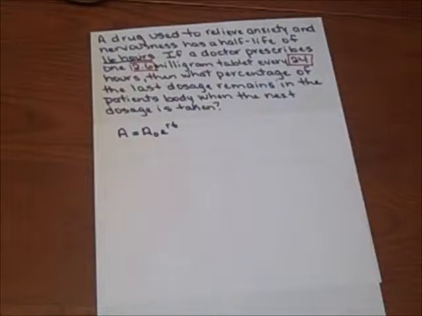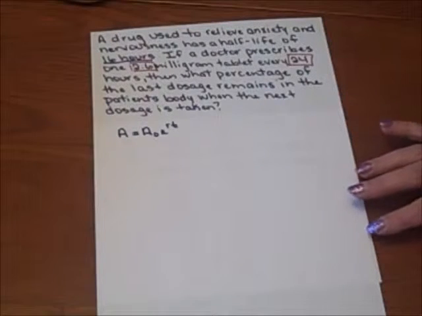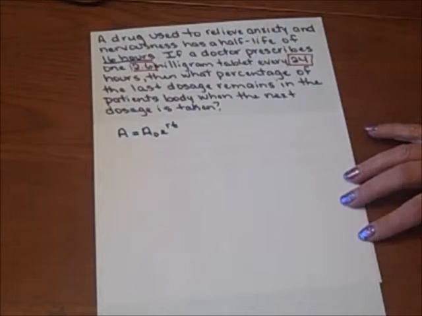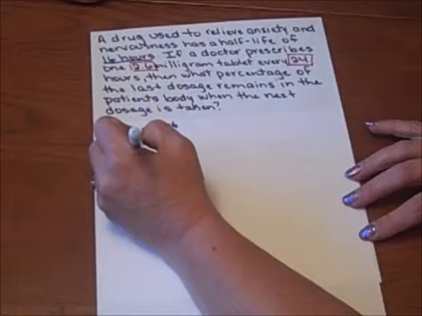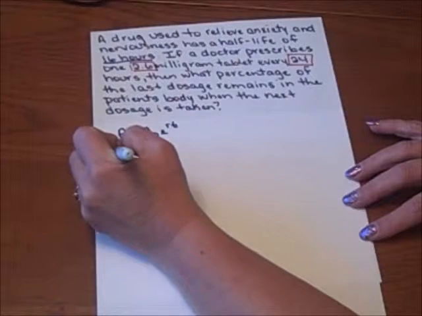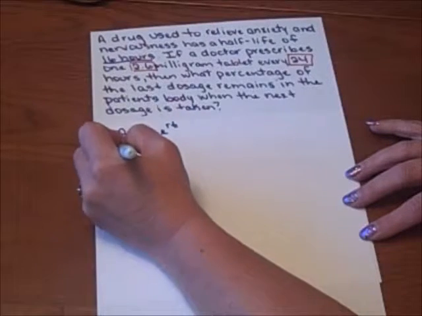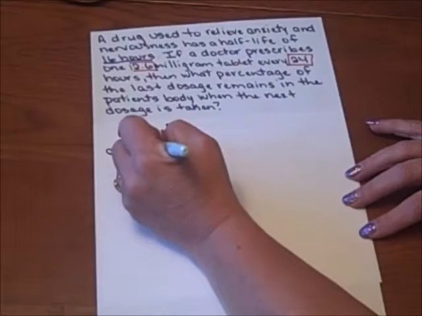Basically what that says is that half-life is the time it takes for 1 gram to decay to 0.5 grams, or half the amount. So in order to find this, we know that we will end up with 0.5 grams.